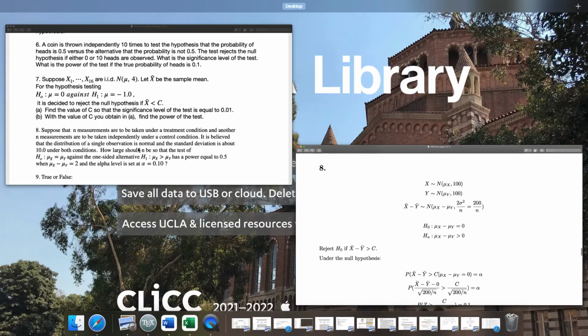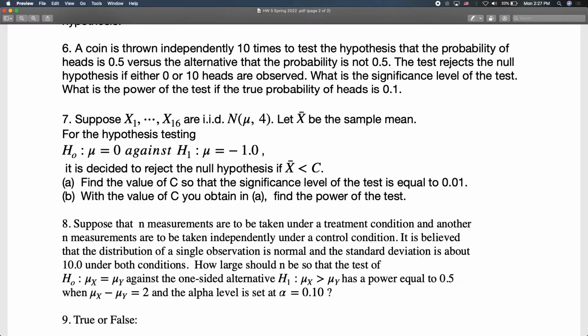Question 8. Okay. So n measurements under treatment and another n measurements in control, independent, and a single observation is normal. It seems like unknown mean and standard deviation 10.